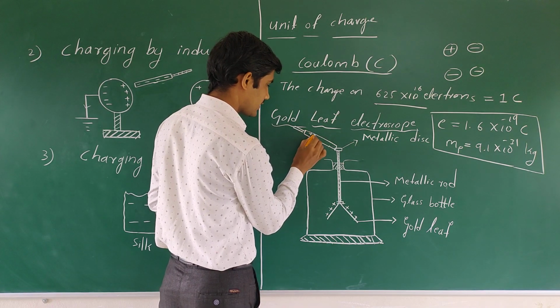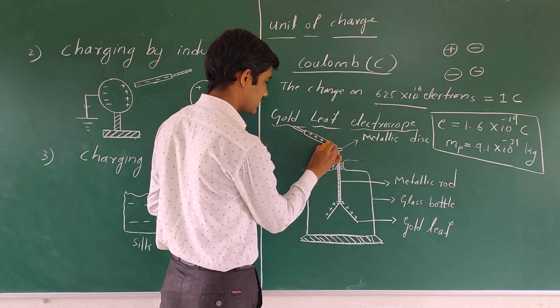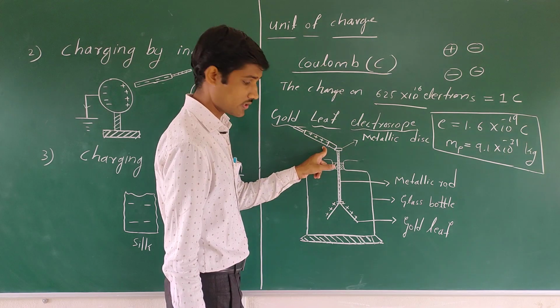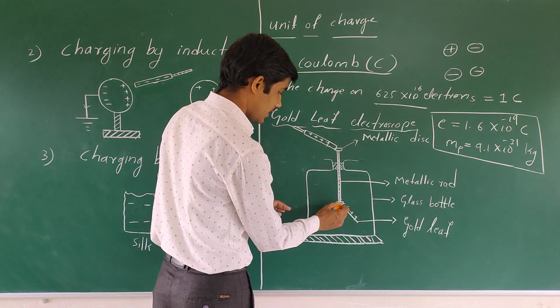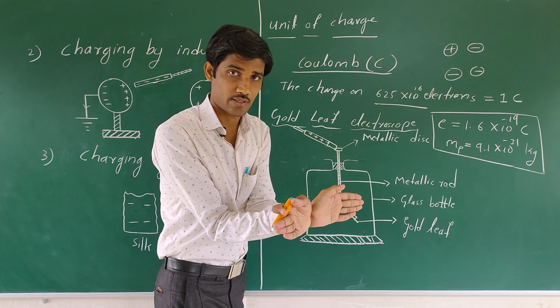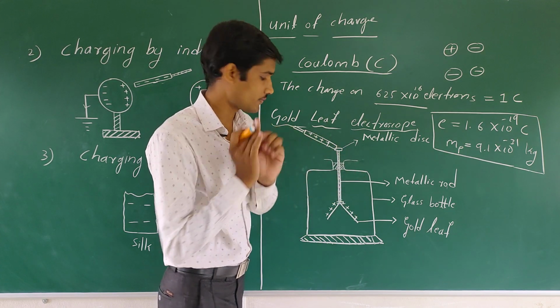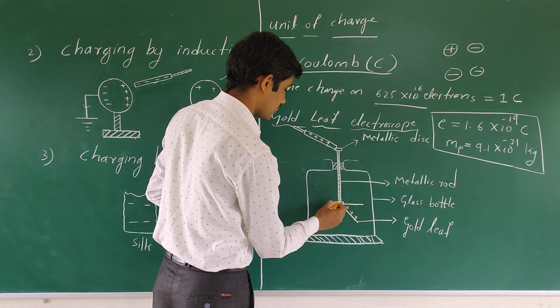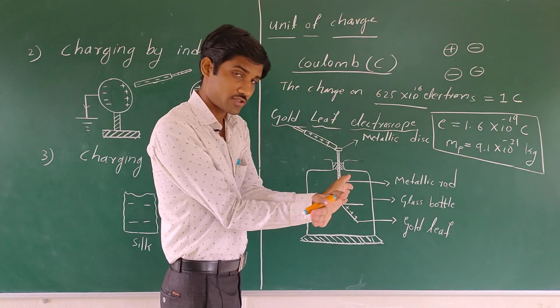If the charged body we want to test also has positive charge, then the gold leaves will diverge further. Divergence will increase, in the sense the gold leaves will diverge like this.